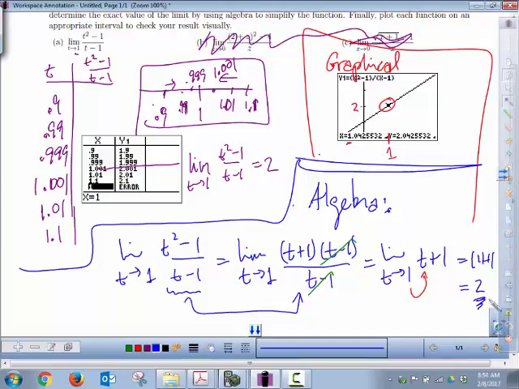Which is what we saw from a numerical point of view and what we saw from the graphical point of view. So the idea is to be able to do this in 3 different ways in case it's algebraically impossible, or maybe really, really difficult to work with algebraically. Then we can use the numerical or graphical methods to figure it out.